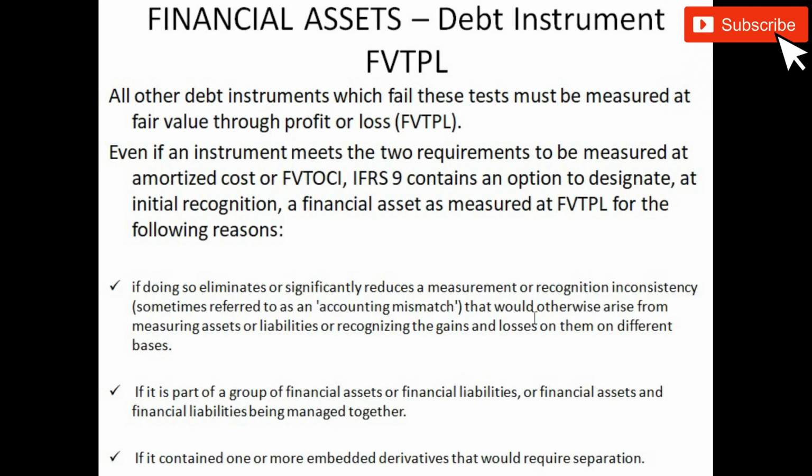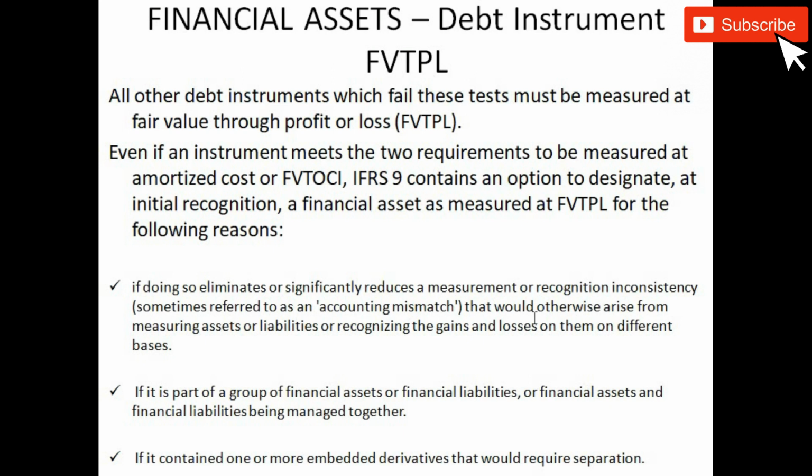Financial assets, debt instruments, can be measured at fair value through profit or loss. As I've been saying, at inception, an entity can opt to measure its financial asset at fair value through profit or loss. All other debt instruments which fail this test must be measured at fair value through profit or loss.